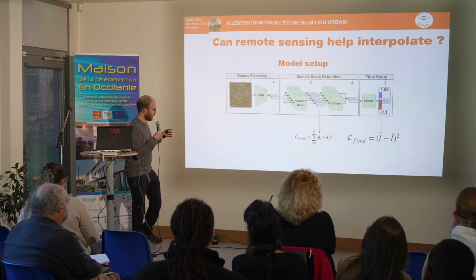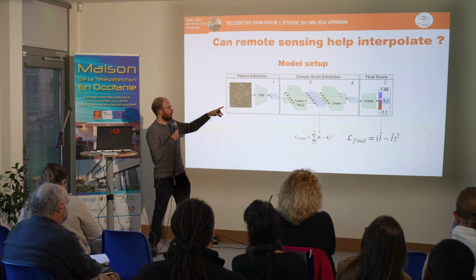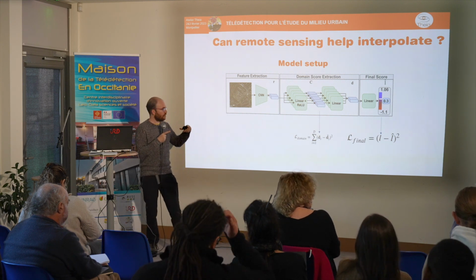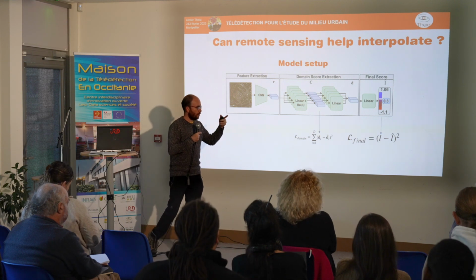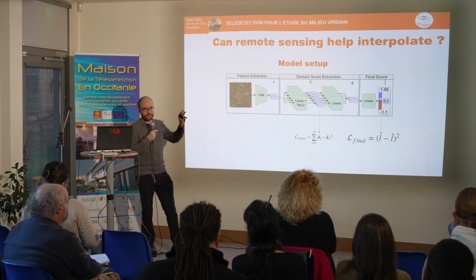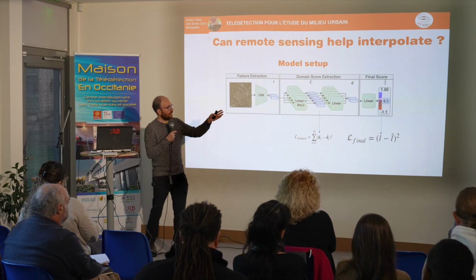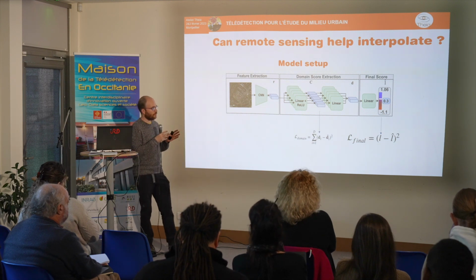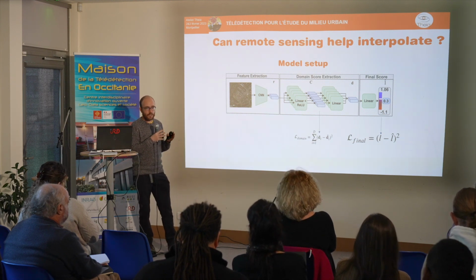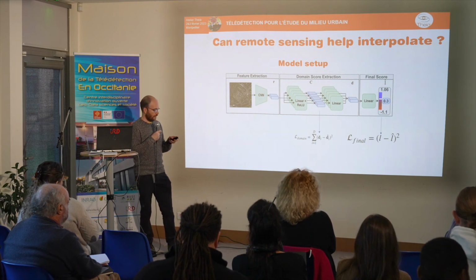But we had a structure in which this convolutional neural network was trained to take in an aerial image patch and then produce a set of these 5 intermediate scores, which are then linearly combined in order to obtain the final livability score. So there are these 2 types of outputs that the model was trained on simultaneously.